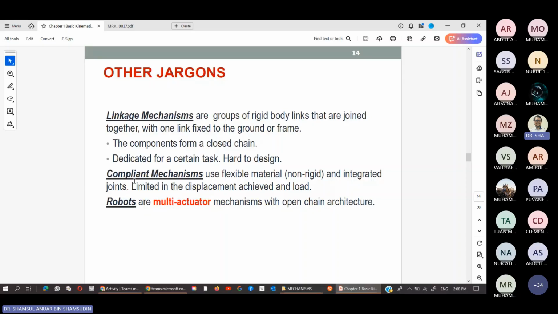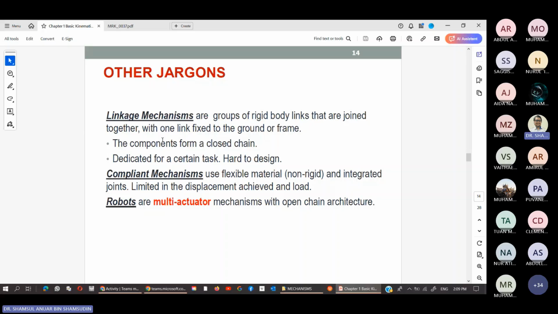So those are mechanisms, as opposed to the regular linkage mechanism. With robots, you want them to be as flexible as possible, meaning you want robots to have a high degree of freedom, DOF, whereas with linkages, you want to minimize the degrees of freedom. Okay.